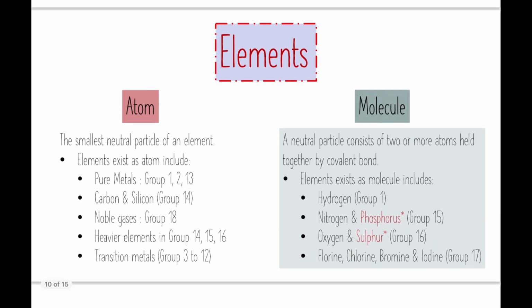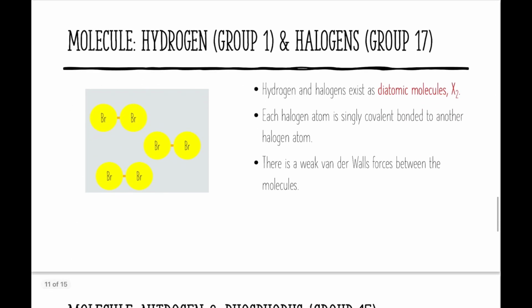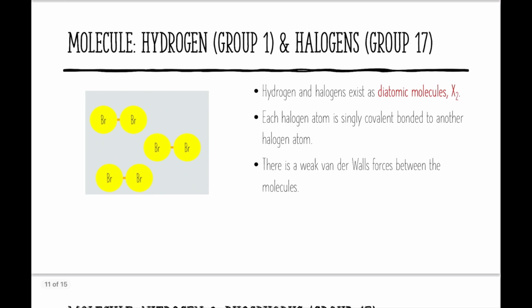Now, let's have a look at the elements that exist as molecules. First and foremost, hydrogen and halogens. They exist as diatomic molecules, as they are not stable, having 1 valence electron for hydrogen and 7 valence electrons for halogens. Each halogen atom is singly covalent bonded to another halogen atom.